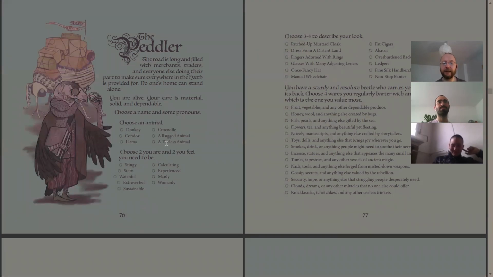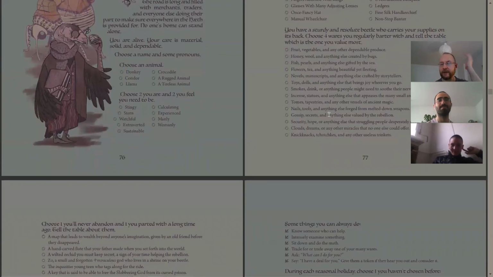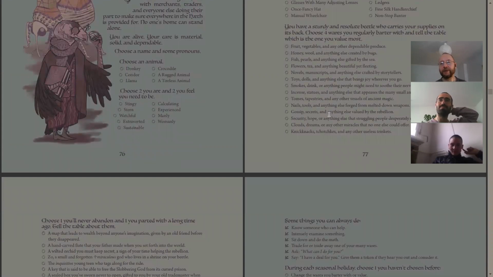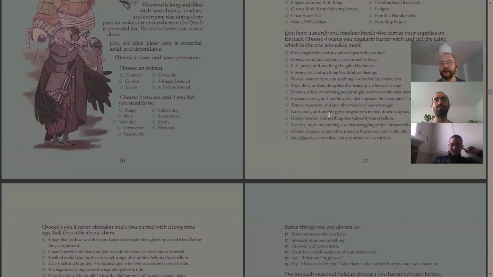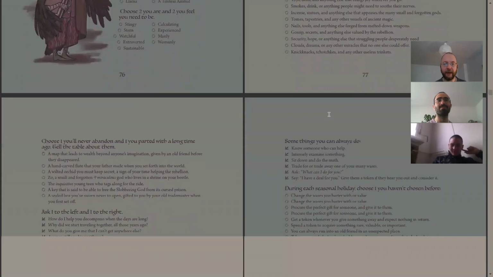So in addition to the personalities, there's the look, and there's the items. Here, you have a beetle that carries your things, and on that beetle you have flowers, tea, and anything beautiful yet fleeting. But you have to choose 4 of these.